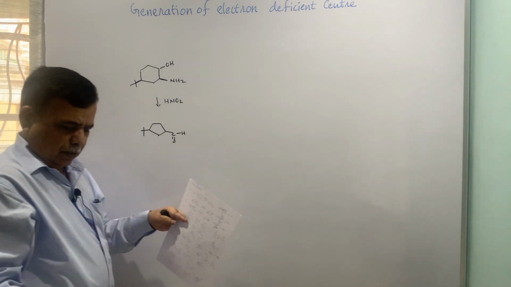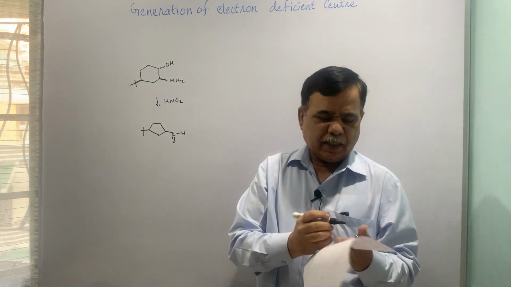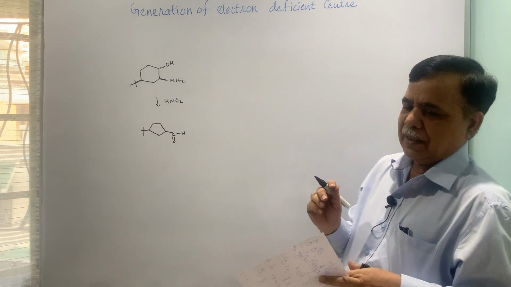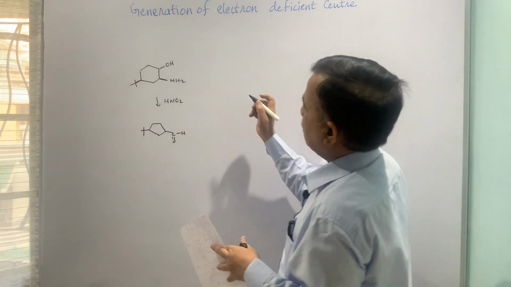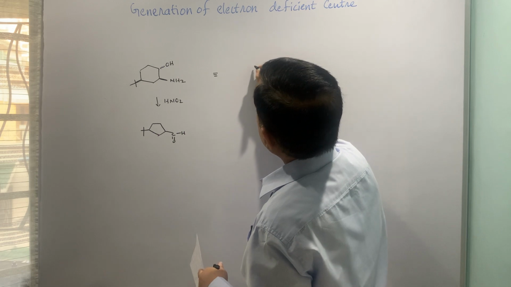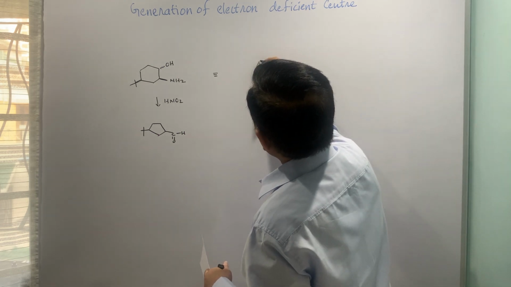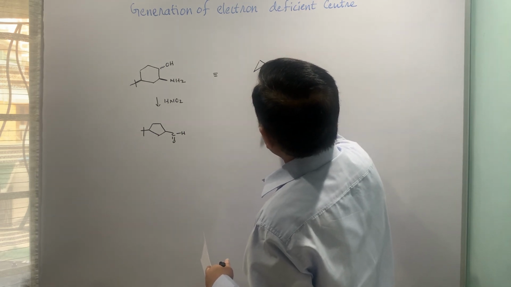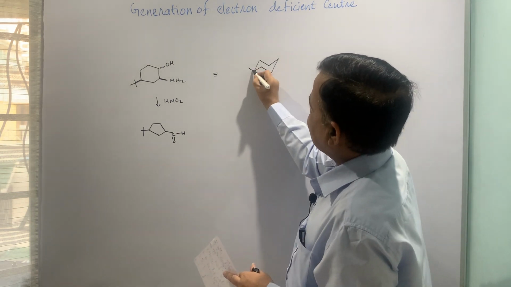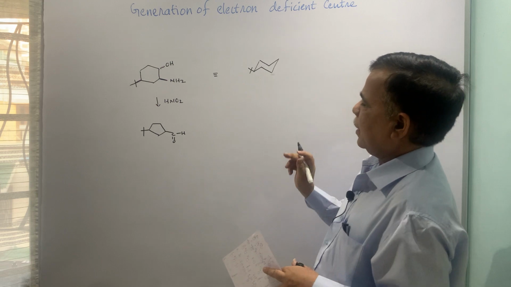So first of all, in order to write down the correct mechanism, you have to draw this 6-membered ring in the chair conformation. So the equivalent structure I am drawing. Your chair conformation should exactly give the correct thing.